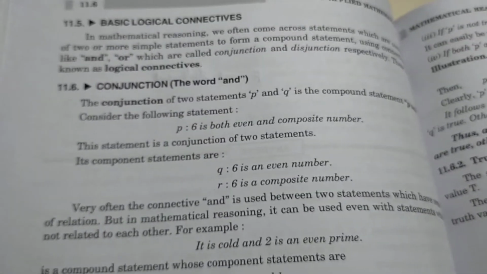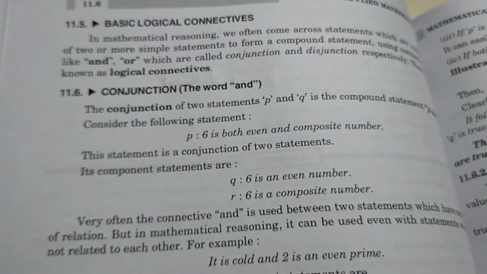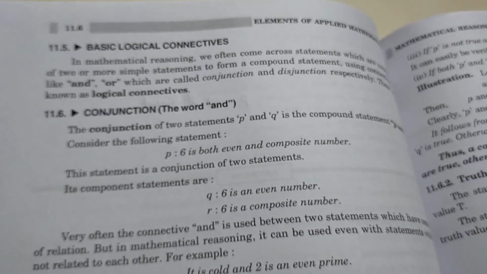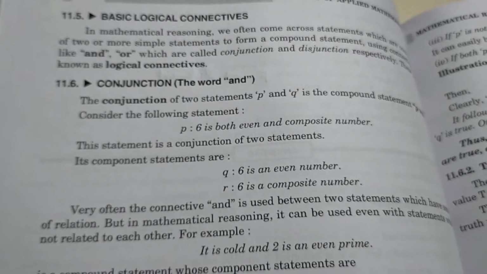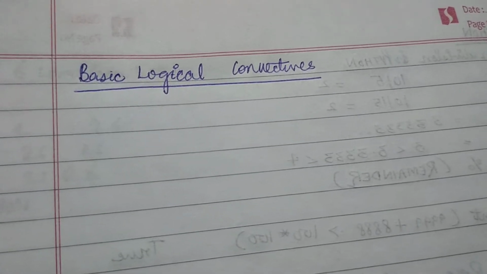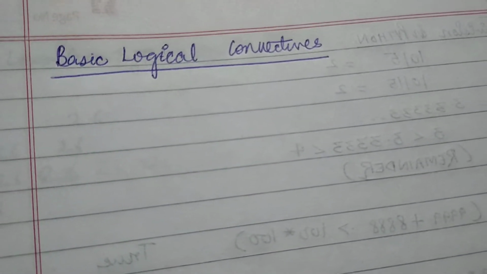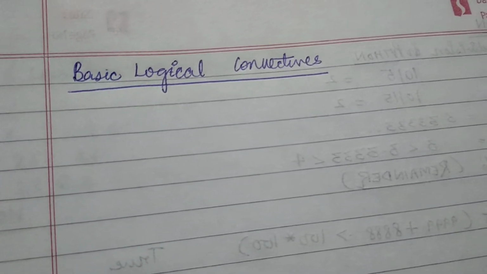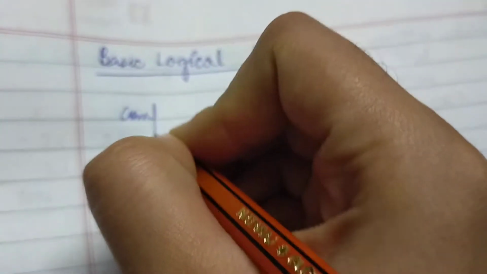And for the second exercise, we need to learn more about basic logical connectives and how we represent such things in mathematical form. So let's learn about that. Basic logical connectives like and, or, which can be used in compound statements. What is a compound statement, basically? I told you in the last video.